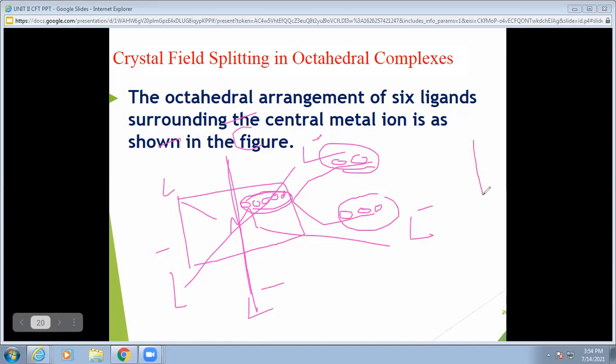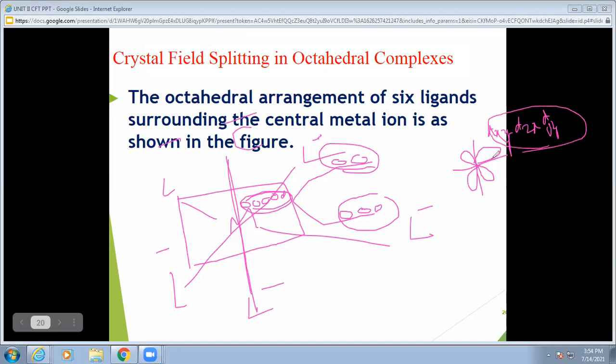Here are the non-axial orbitals. What about non-axial orbitals? They are dxy, dzx, and dyz.